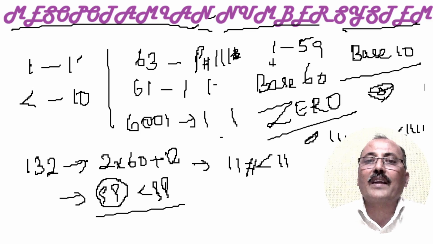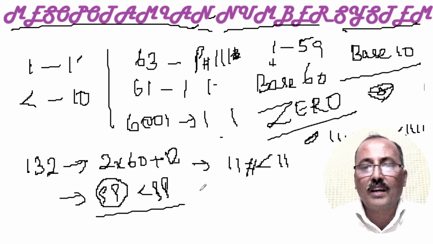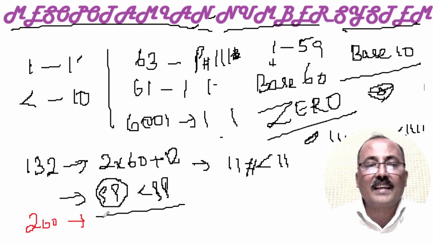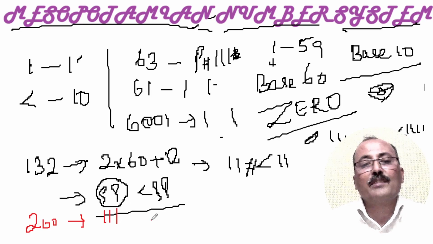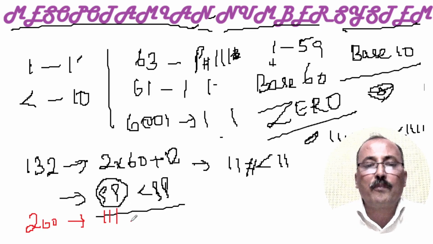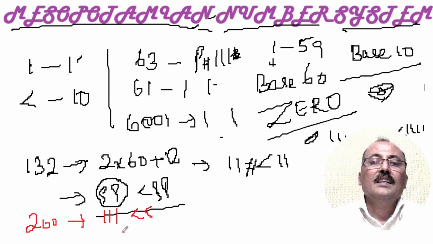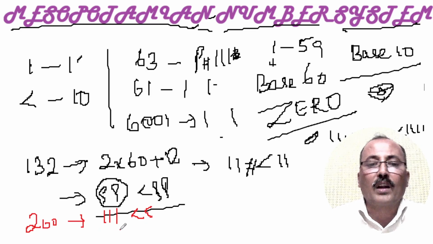Suppose they want to write 200, what would they have done? In this, 360s are there. 1, 2, 3, I will use this symbol itself, and some gap to denote that this is 60, 180. And then 2 symbols of less than. That's all. So this is now 200.